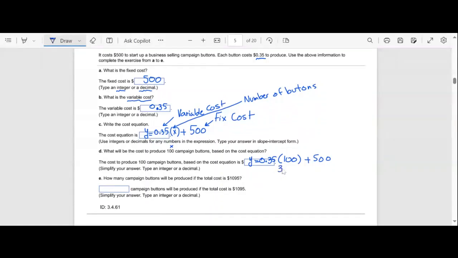Here the answer will be $35 plus 500, and the total will be 535. Of course, we can replace y by f of 100, because it's 100 buttons. So it's equal to $535.